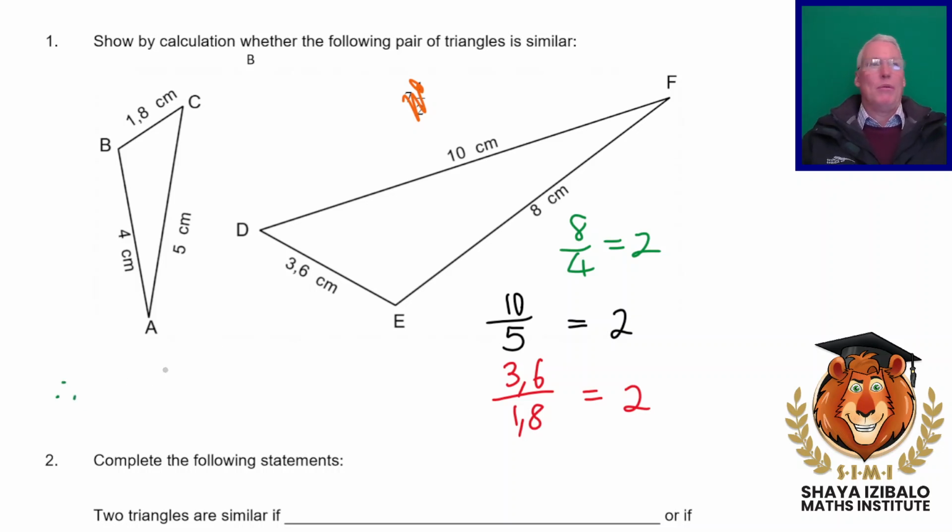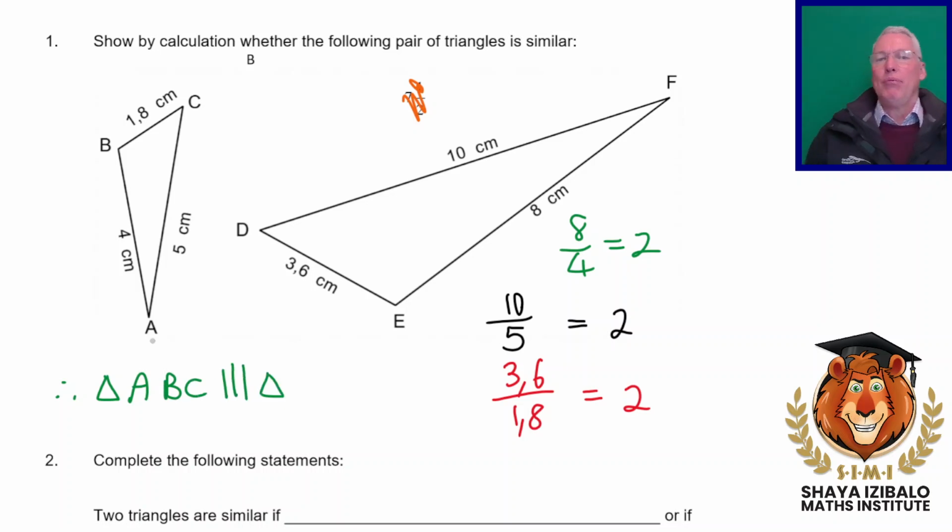Now when we write them down, we're going to write them down in the correct corresponding order. Doesn't matter which order we write down our first one in. Let's go with ABC. Similar. And now it is important that we check that we get the right corresponding order. If we look at ABC, we went down the middle length side, then down the shortest side. So we need to do the same here.